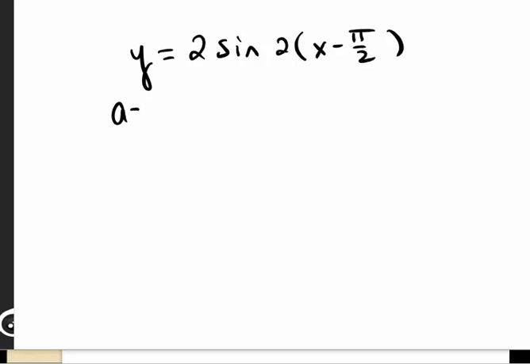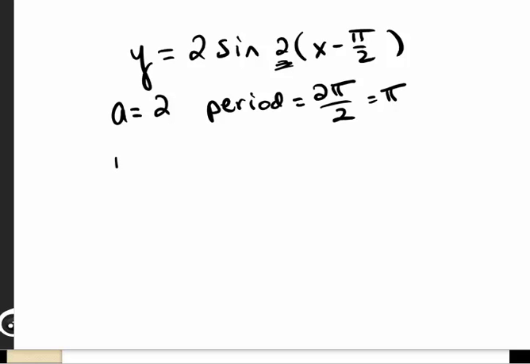So we have y equals 2 sine of 2 times x minus pi over 2. So the amplitude is the a value, which is 2. The period is 2 pi over 2, since we have a 2 in the front here, which will be pi.